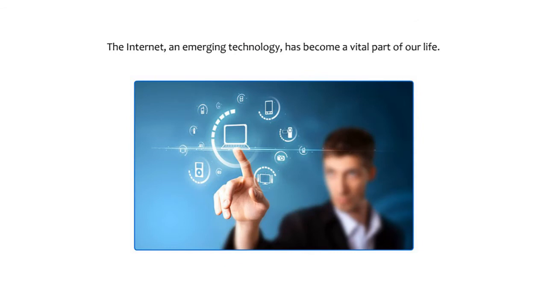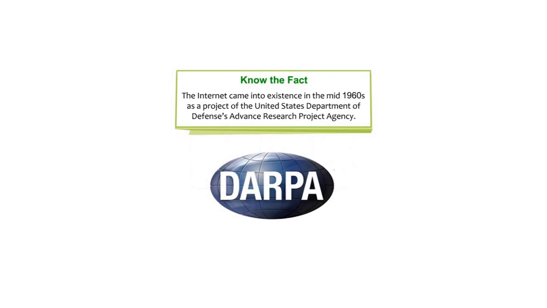So, students, as we all know, the internet and emerging technology has become a vital part of our life. The internet came into existence in the mid 1960s as a project of the United States Department of Defense's Advanced Research Project Agency, DARPA.